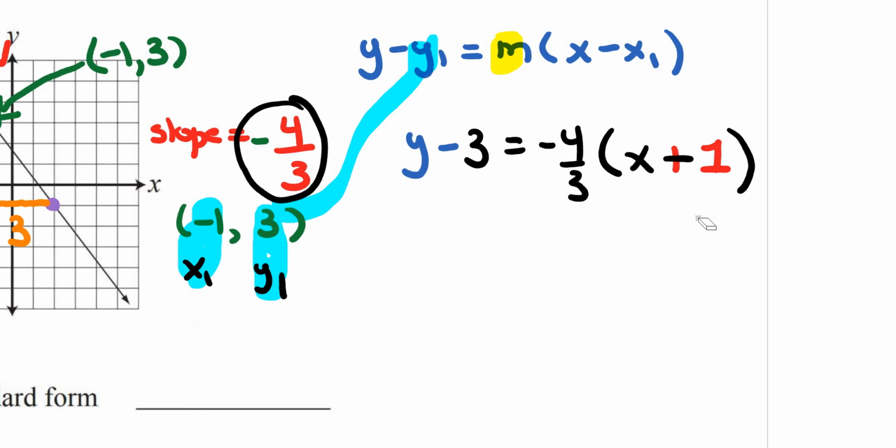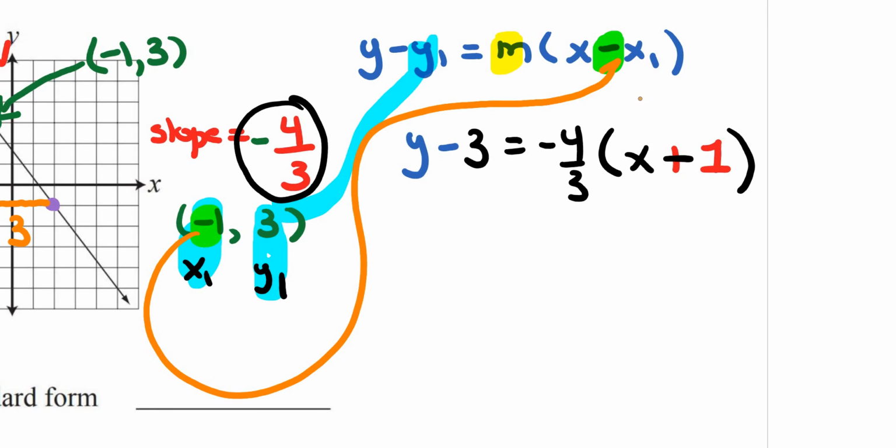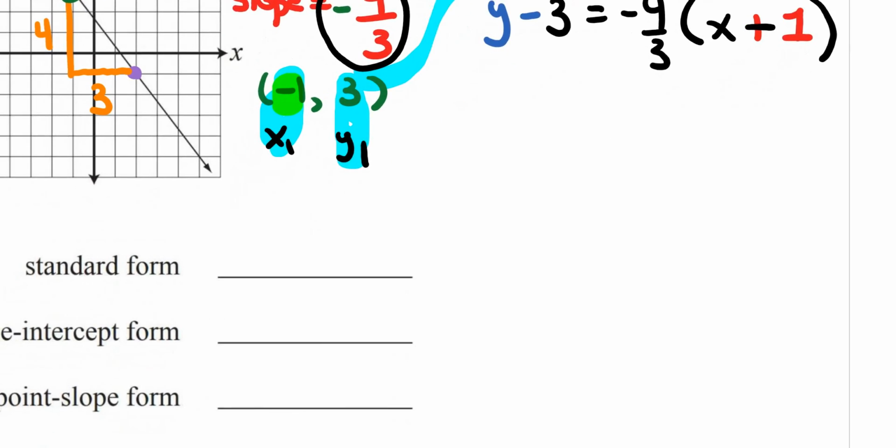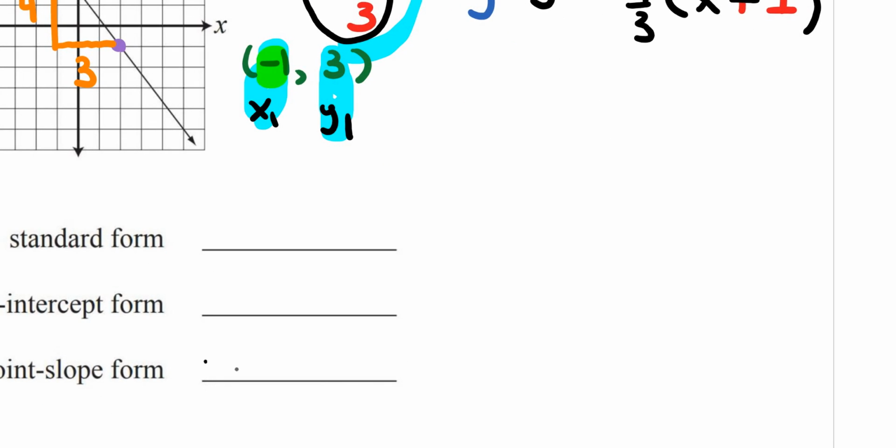So make sure you're okay with the +1, right? Because there's a negative sign here, and there's a negative sign there, so this negative and that negative gives you a positive sign. Okay. So our point-slope form is going to be y minus 3 equals -4/3 bracket x plus 1. So there is my point-slope form.